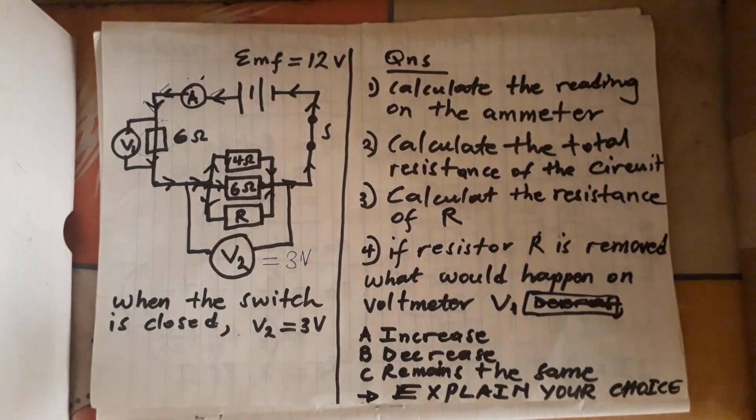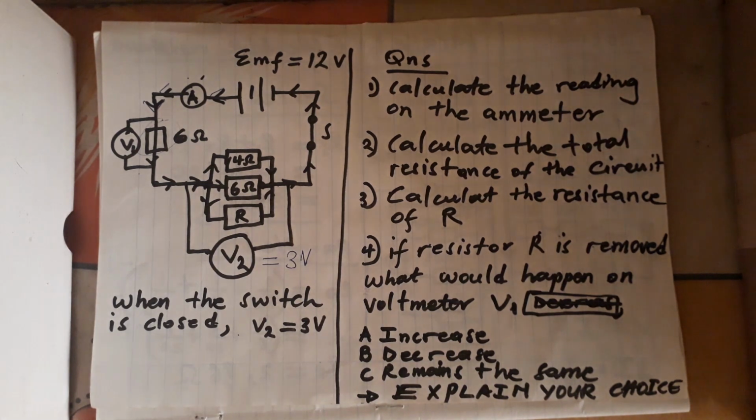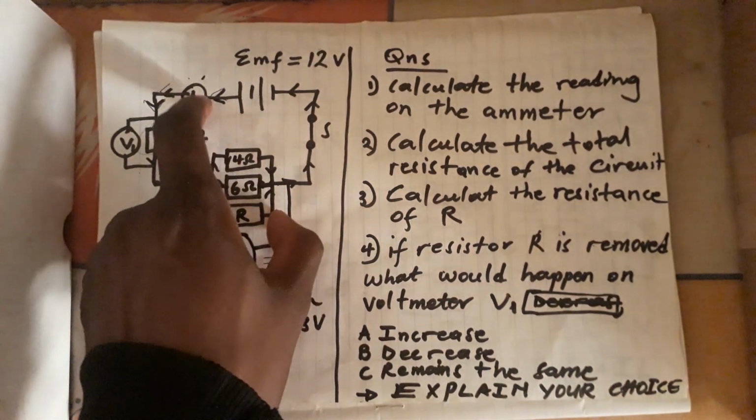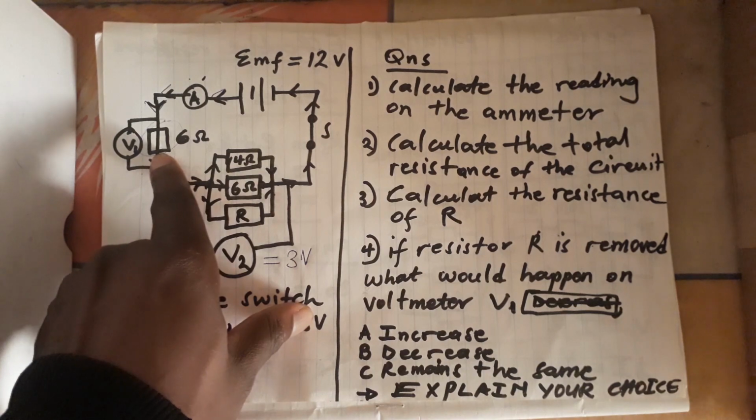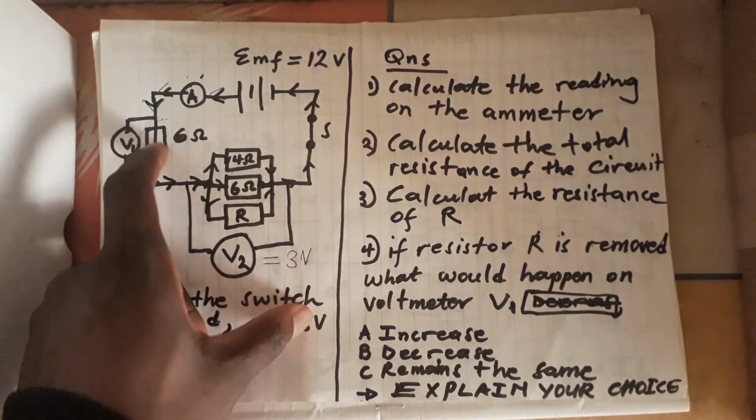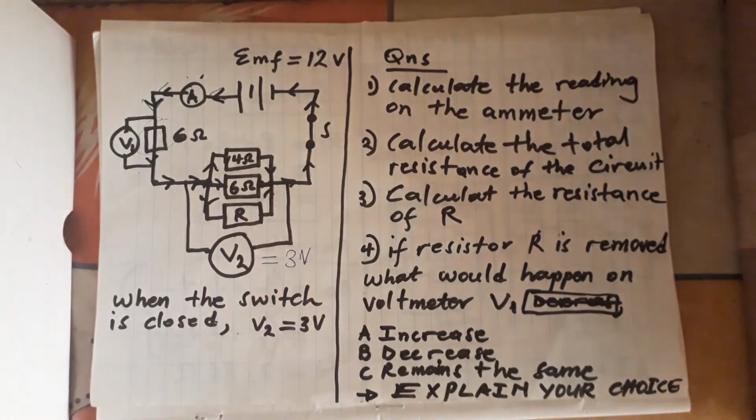So we're gonna look for a resistor that is connected in series in order to get the current, because the current that is going to pass here is the very same current that is going to pass here, because this is connected in series. So we're gonna use this to calculate the current.